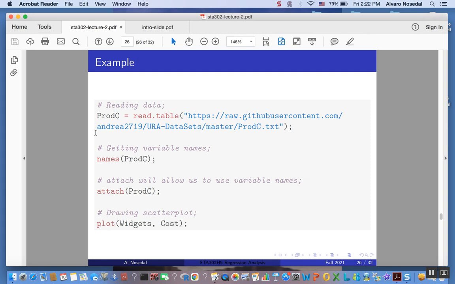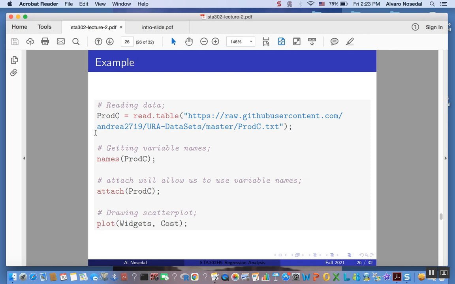Okay, so we're going to be, as I said, trying to understand the classical linear regression model from a more practical perspective. And to do that, we're going to be using simulation. And in order to carry out those simulations, we need R.